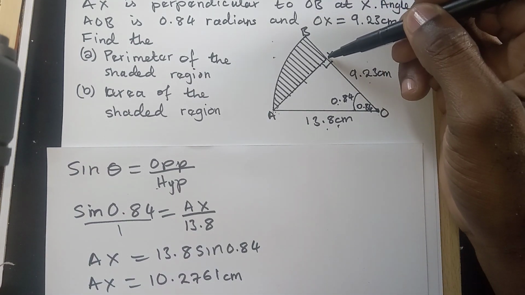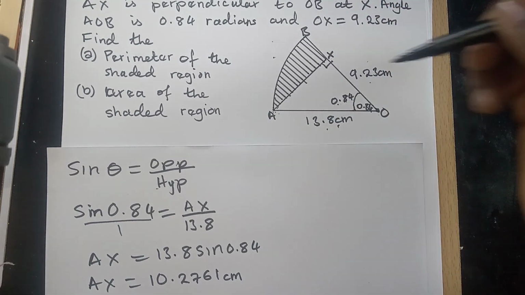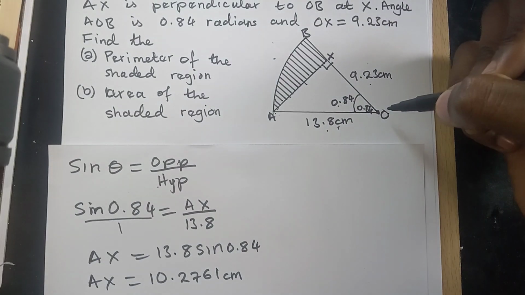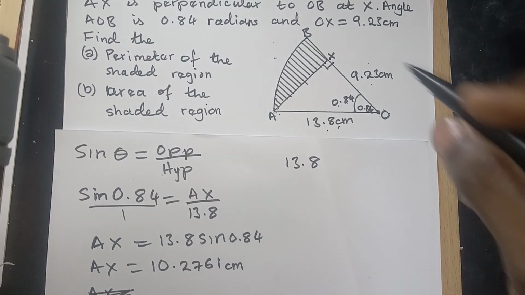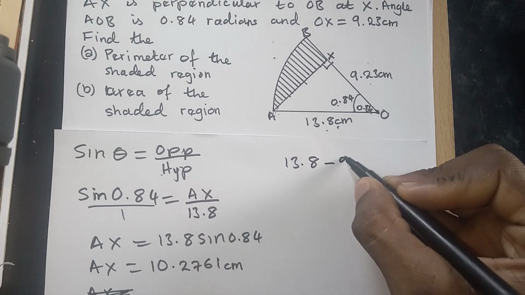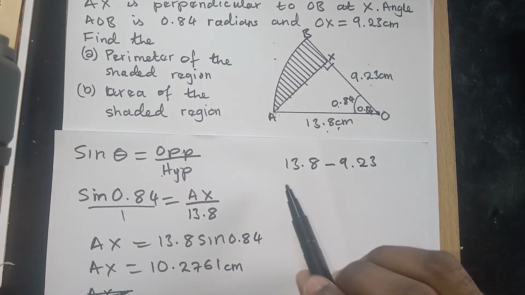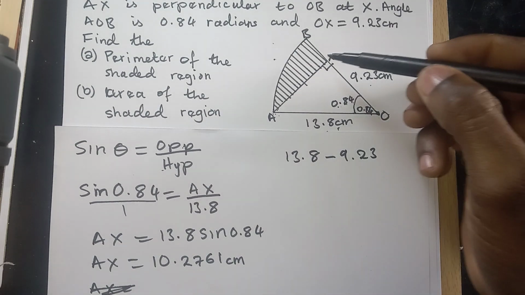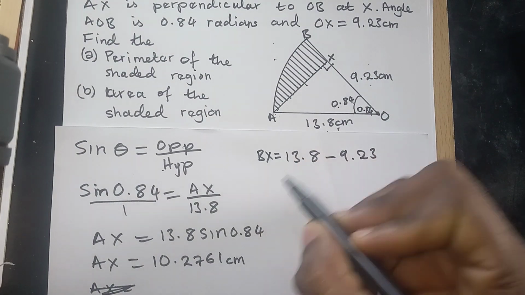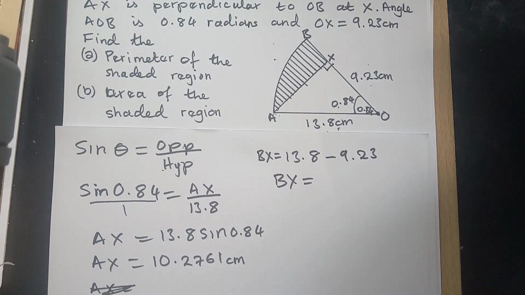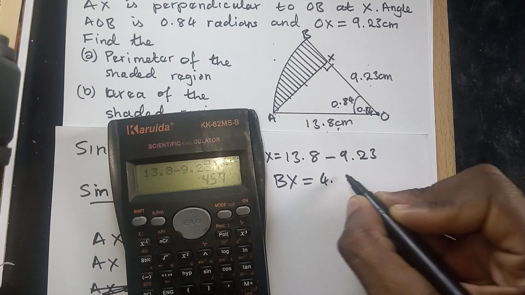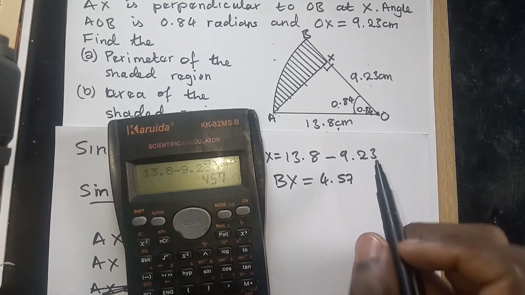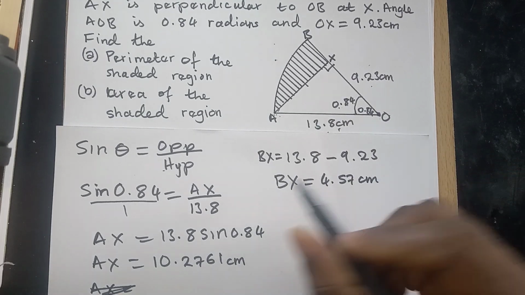So to find this distance, you can just subtract this from that. In short, from O to B, we have 13.8, and then from O to X, we have 9.23. Once we make this subtraction, what we get is BX. I'll quickly punch this on my calculator. This will be 4.57 centimeters. So this is our BX.